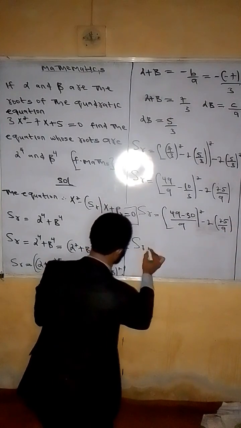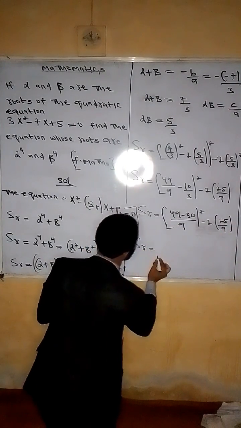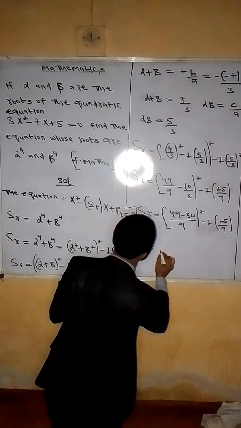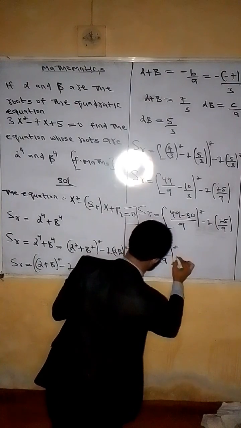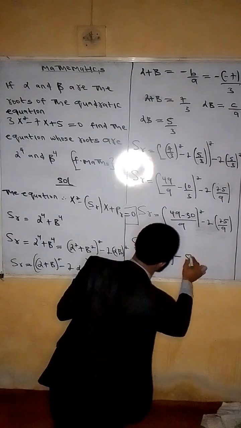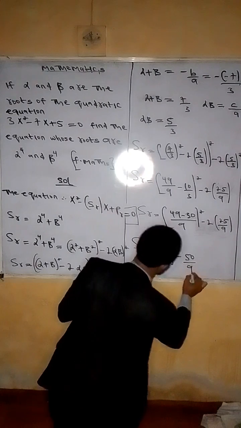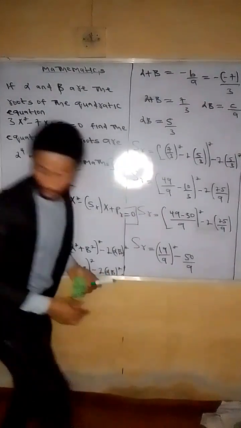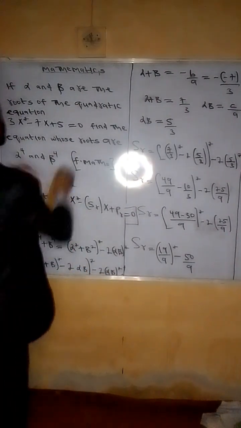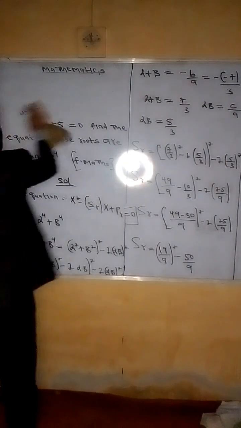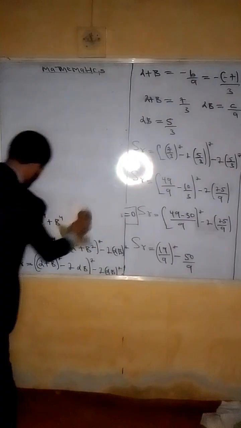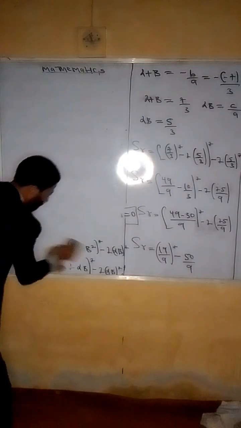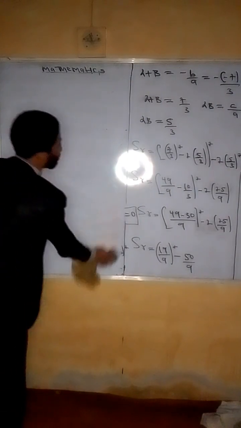So the sum of these roots, S, will give me 49 minus 30, which is 19 over 9, all squared, minus 2 times 25, which is 50 over 9. So we are not done yet. Let's quickly simplify this. I will clean up this place to create enough space to allow me to continue with my work.